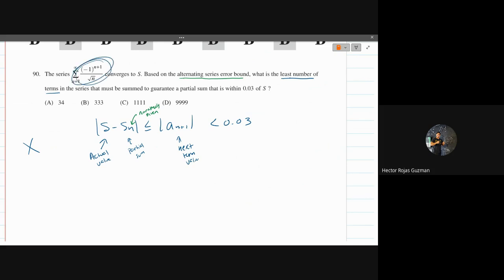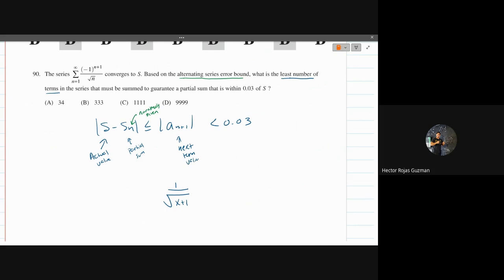We're going to take the series. So my a of n plus 1, because this is the absolute value, we're going to go ahead and ignore the negative. And we're going to say the square root of x plus 1, because that will be the next term, right? Let me see. Where was I going with this?